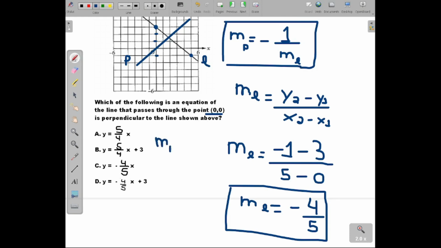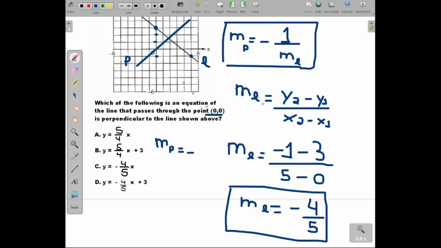The slope of P is negative 1 divided by negative 4 divided by 5.